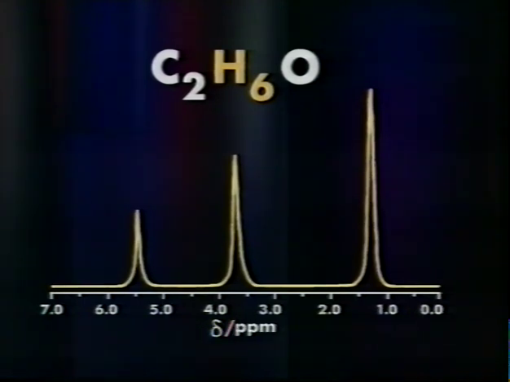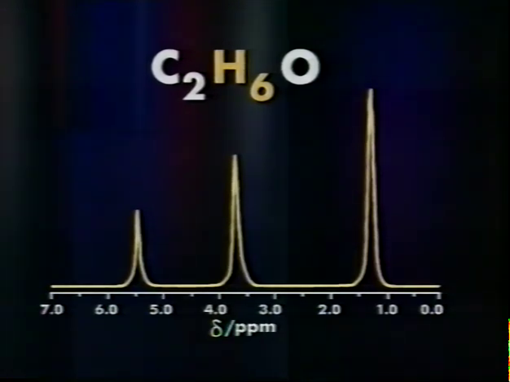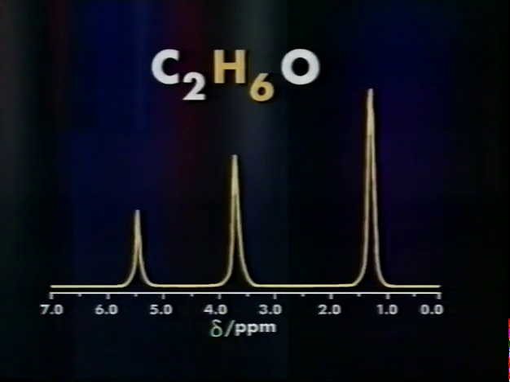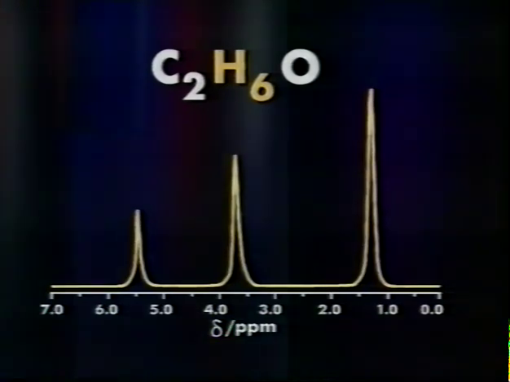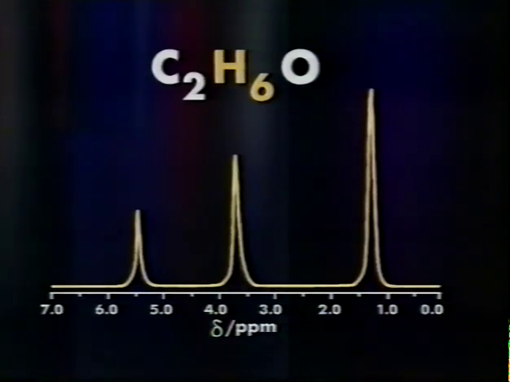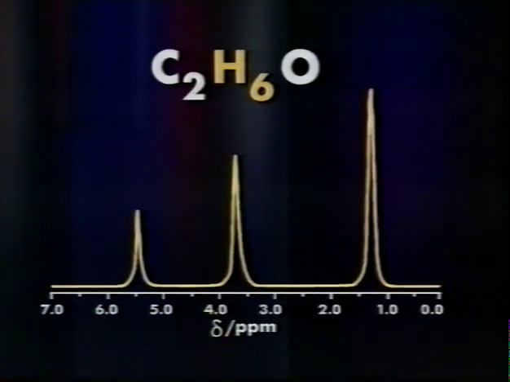Why? Remember, all protons in the same chemical environment will resonate at the same frequency, giving only 1 peak. So the number of peaks shows how many kinds of non-equivalent protons are present, not how many protons. 3 peaks indicate that there are protons in 3 different chemical environments.